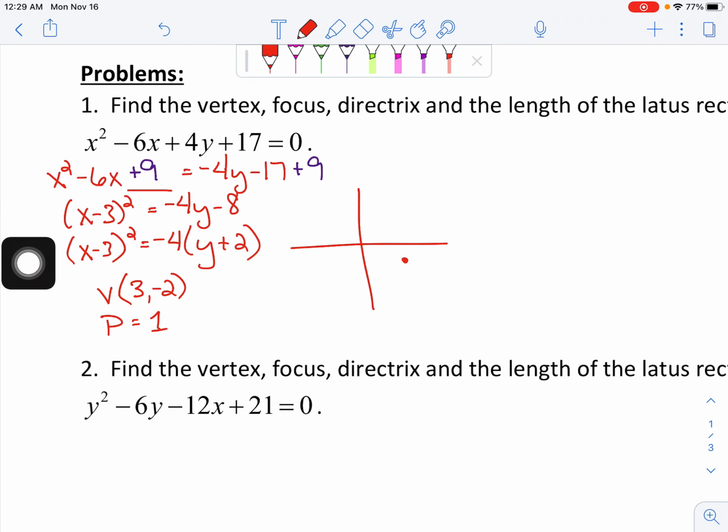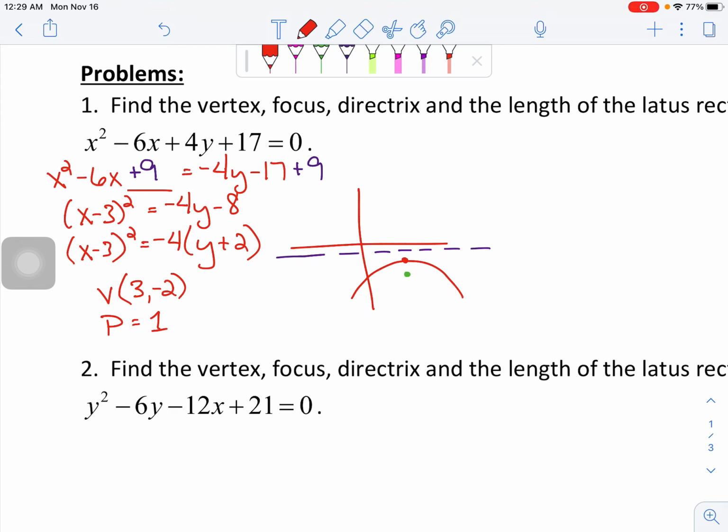This is x squared and negative, so this means this is going to be concave down. So my focal point is going to be 1 point lower than my vertex, and my directrix is going to be 1 point higher than my vertex.